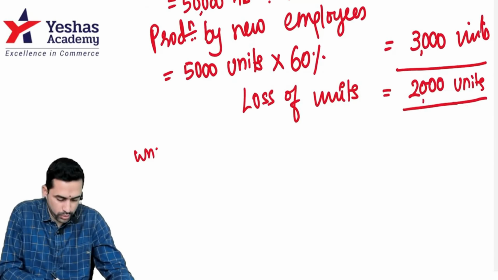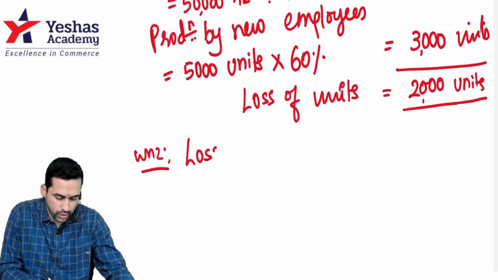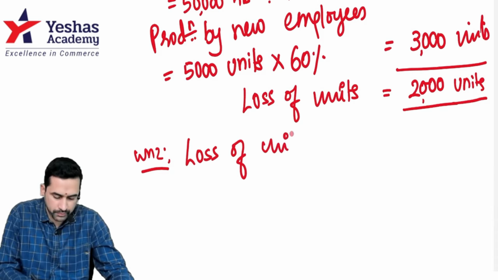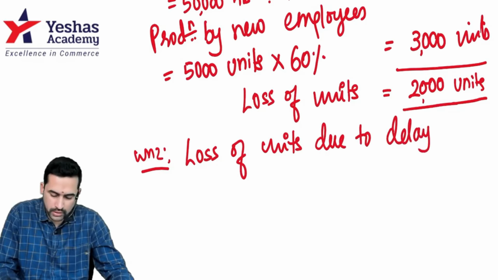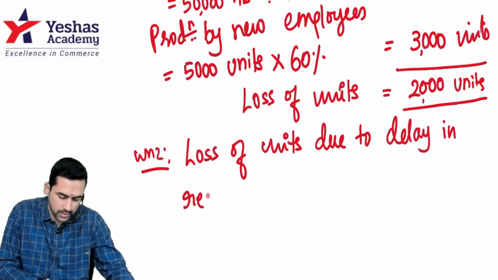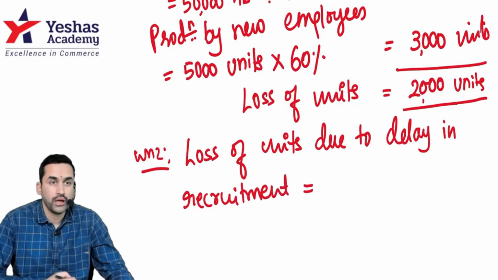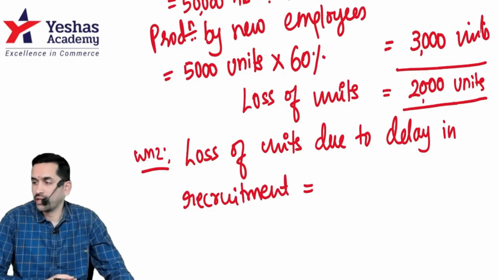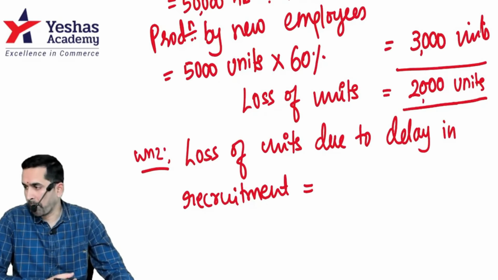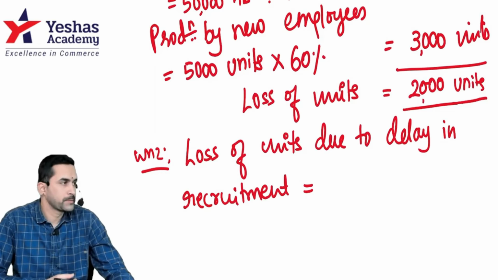In the same way, working note 2, loss of units due to delay in recruitment. How to calculate this?